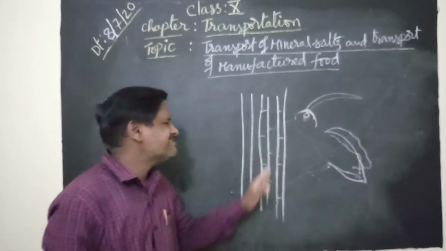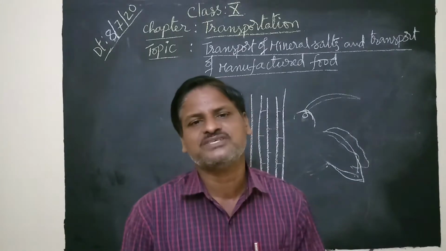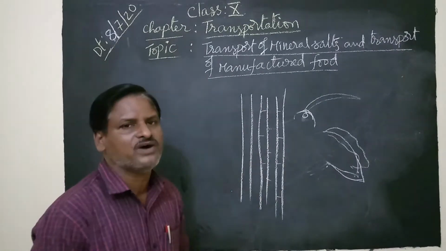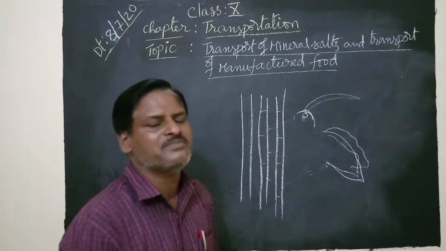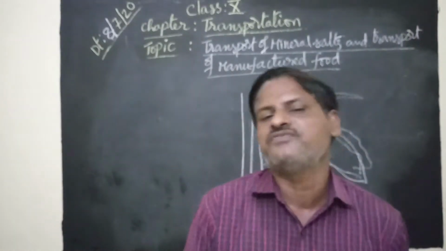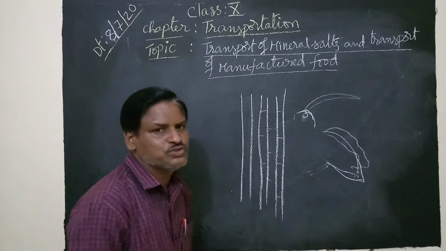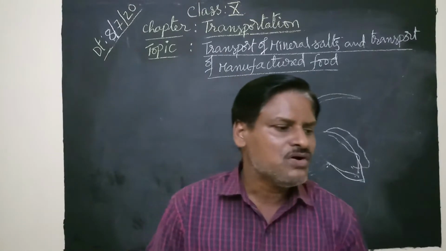These are the phloem tubes. They are made up of sieve cells, sieve tubes and companion cells. So with many cells, these tubes are formed. These are present at the side of the xylem vessels in the stem, in the root or in the leaf. Through these phloem tubes, the food material is transported.